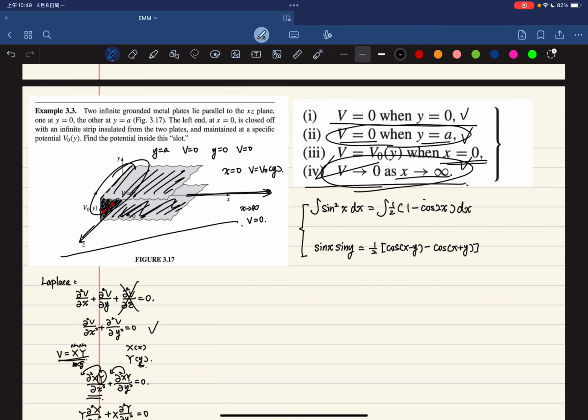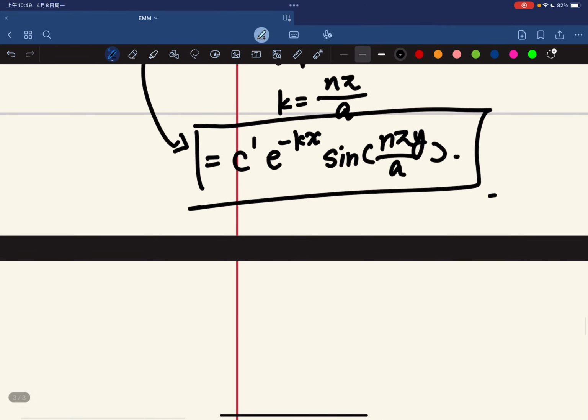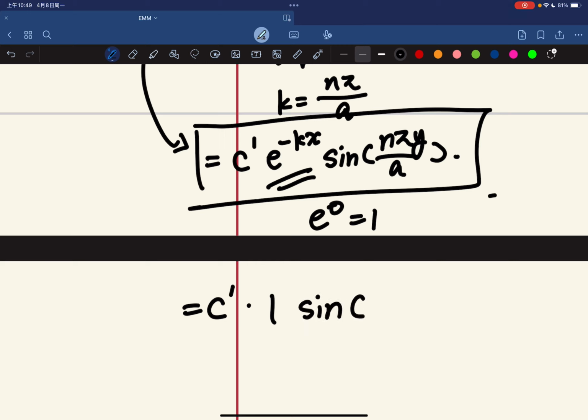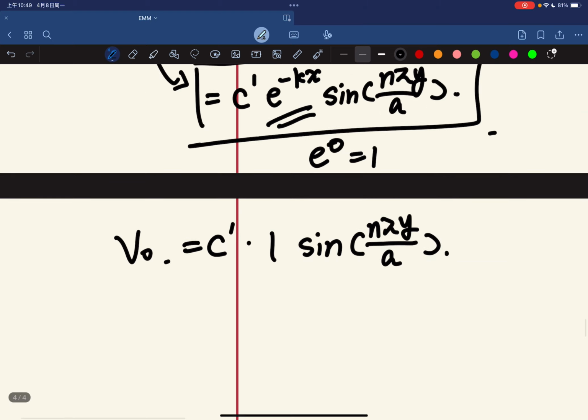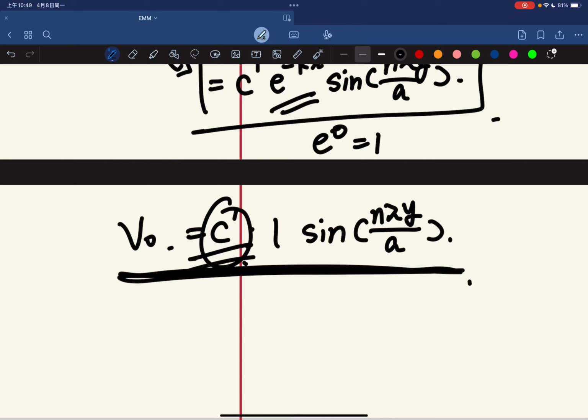So when x equals 0, v is equal to v naught. When x equals 0, this will be 1, because e to the power of 0 is 1. We can't really do anything here because we can't use this to get our constant c.